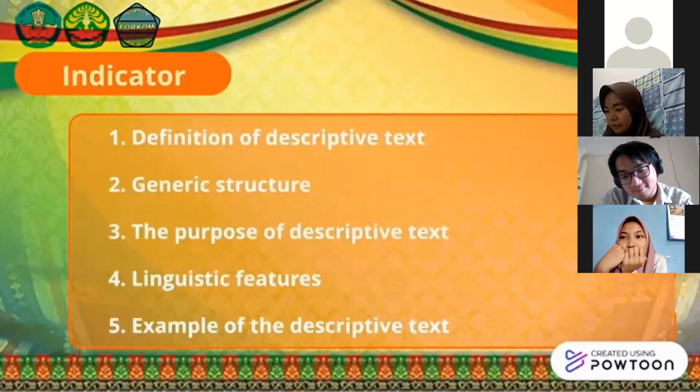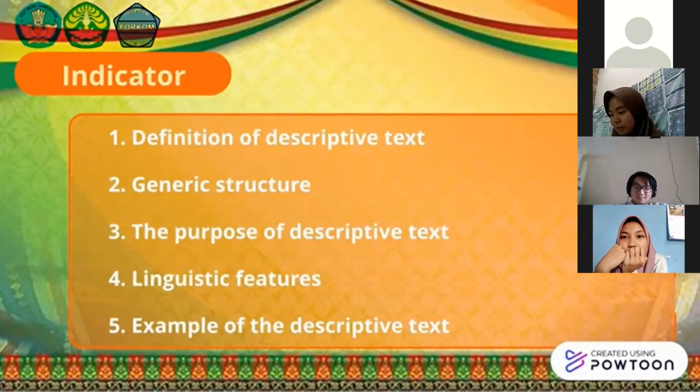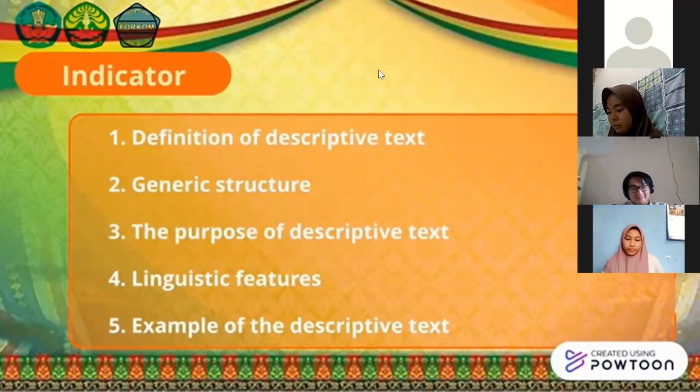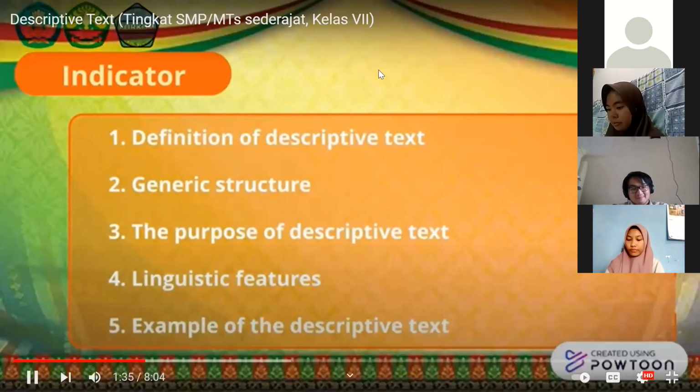We have 5 things to explain, such as yang pertama ada definisi dari descriptive text, yang kedua ada struktur teks dari descriptive text, yang ketiga ada tujuan dari descriptive text, yang keempat ada unsur kebahasaan dari descriptive text, dan yang terakhir adalah contoh dari descriptive text.